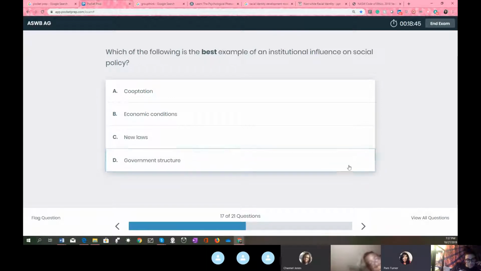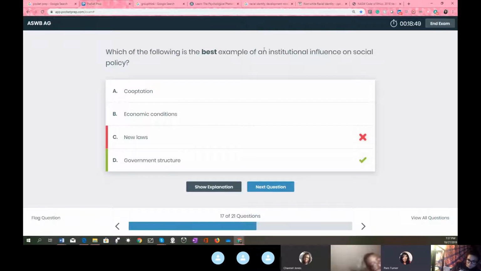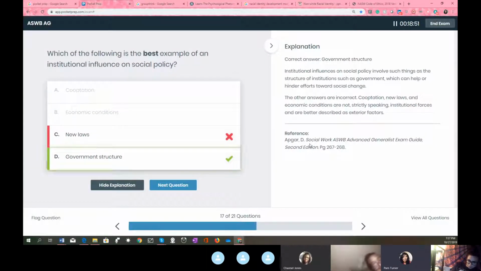I got a C. Government structure. Institutional usually means government facilities. So institutional influences on social policy involve things such as the structure of the institution, such as government. Some other institutions might be schools or universities or the prison system. Those are institutions.